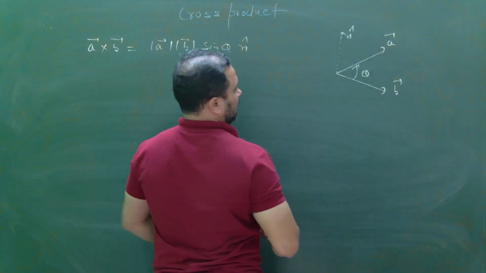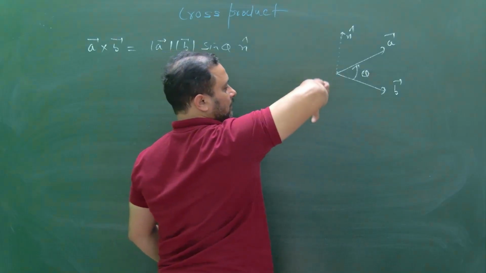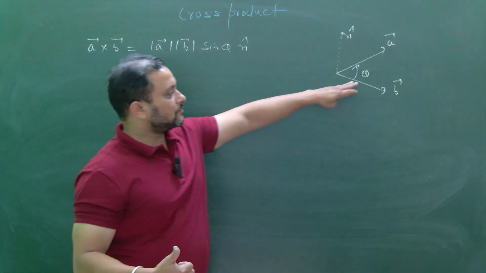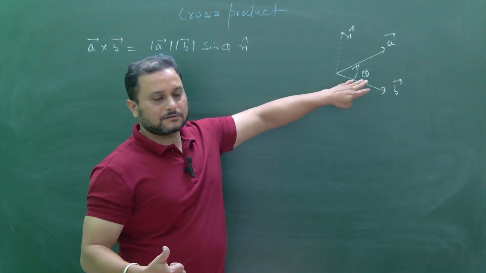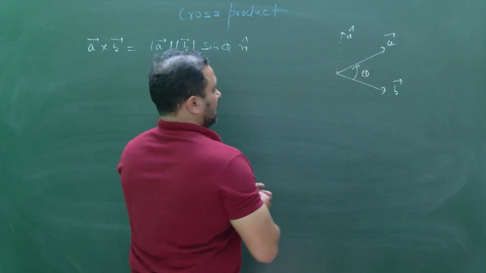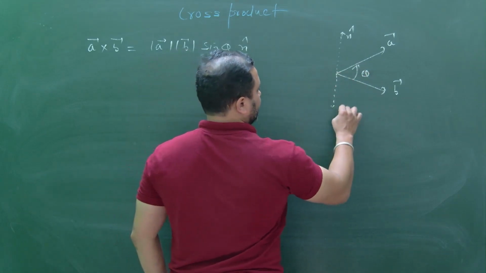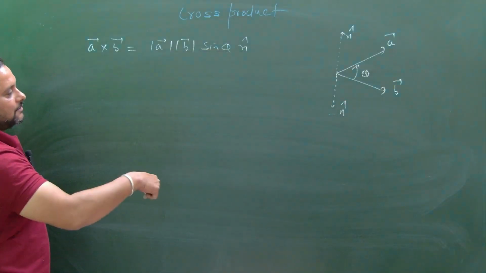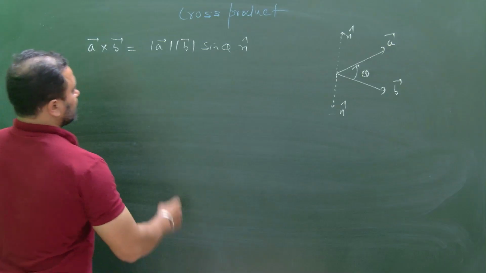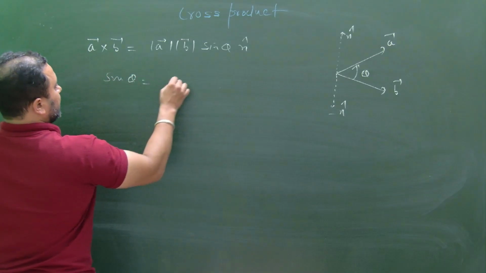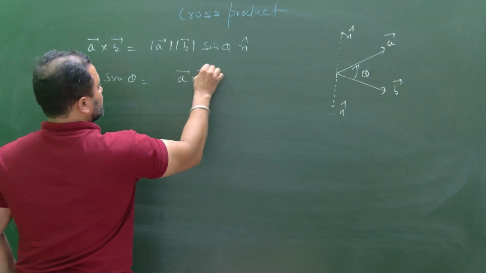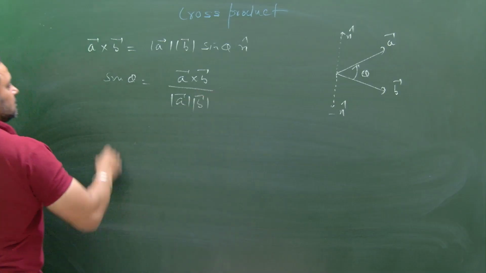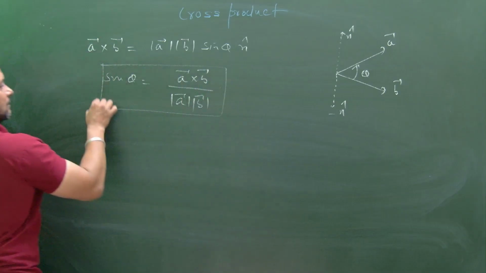But according to the thumb rule, the unit vector depends on the rotation of the angle between them, or it can be like this, in the downward direction, either the upward direction or the downward direction. But here the sine of the angle comes into the cross product.